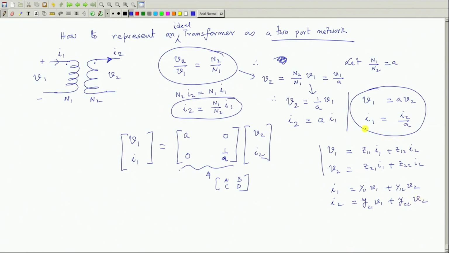Can I write I1 in terms of V? No. I2 in terms of V? No, I cannot write.